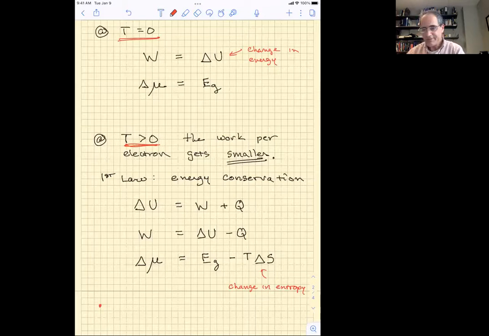And because the entropy increases, this term becomes important. And what it means is that when the electron and hole enter the semiconductor, a little bit of heat flows into the semiconductor from the environment in order to keep the temperature constant. And this heat supplies part of the energy required to bring the electron around the circuit.